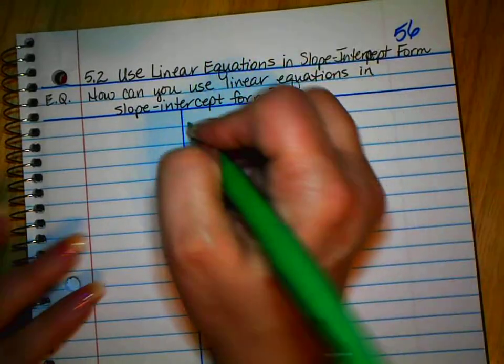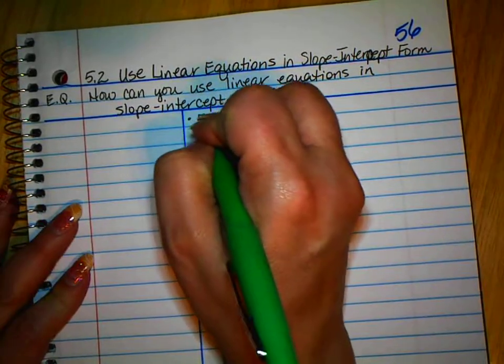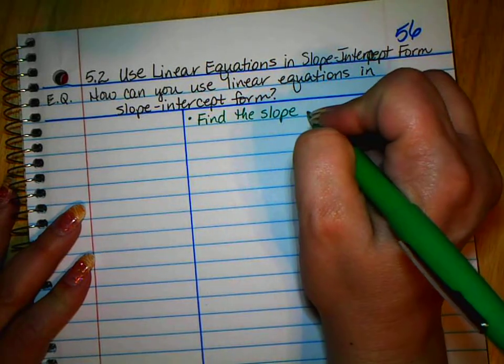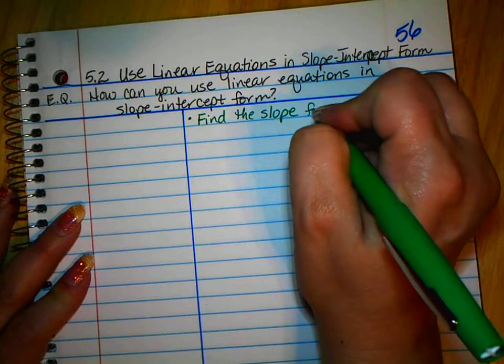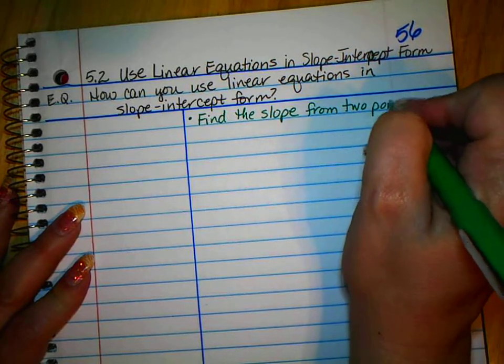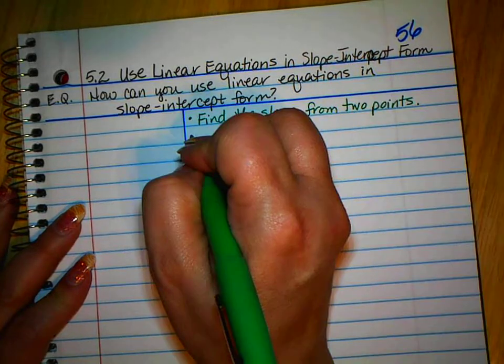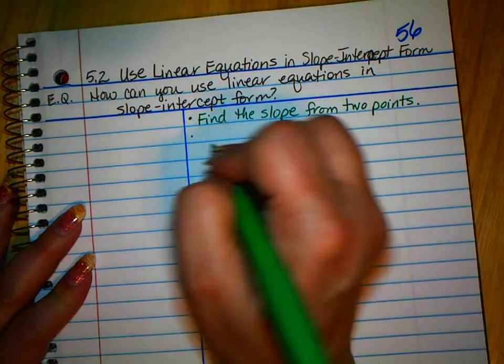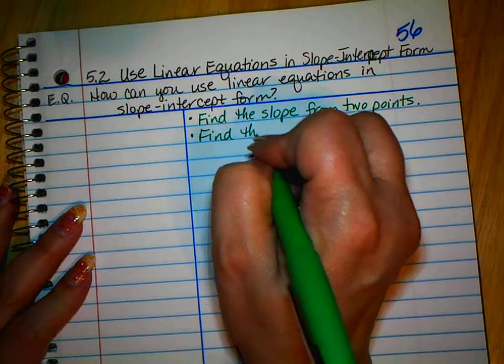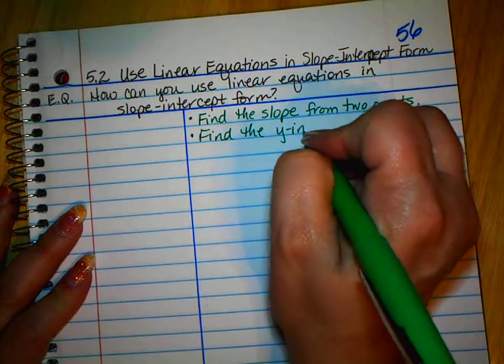You are going to be in the process of finding the slope. You may have to find the slope from 2 points. And once you have the slope, you may have to find the y-intercept.